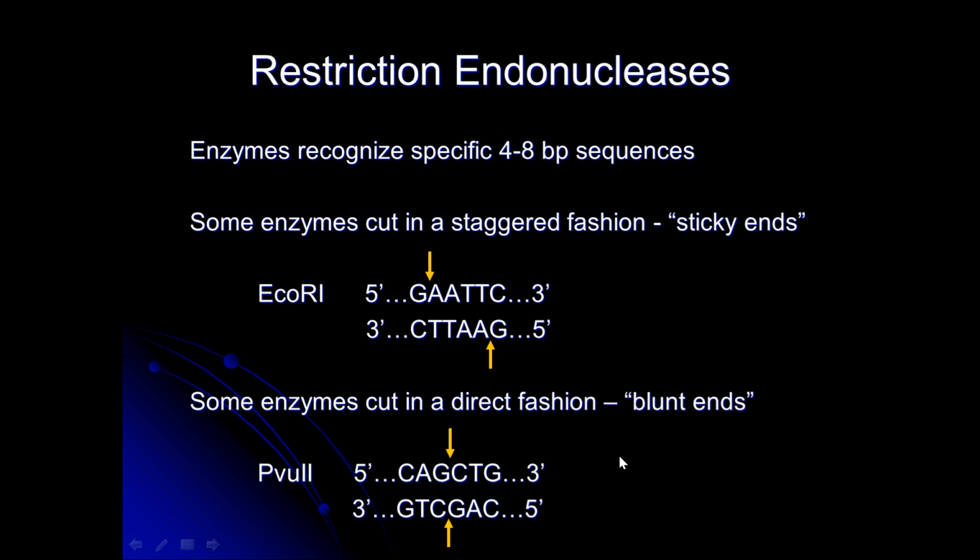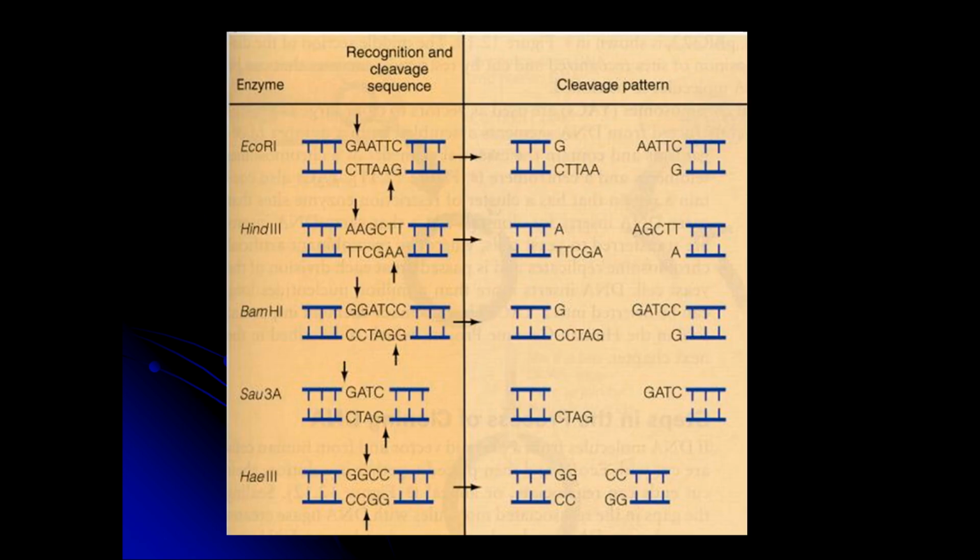See here. This is the sticky end, and when this is cut at this position, between GC, then what happened? Here a blunt end will be produced. So when the restriction enzyme cuts the sequence, two types of ends will be produced: one is sticky end and one is blunt end.